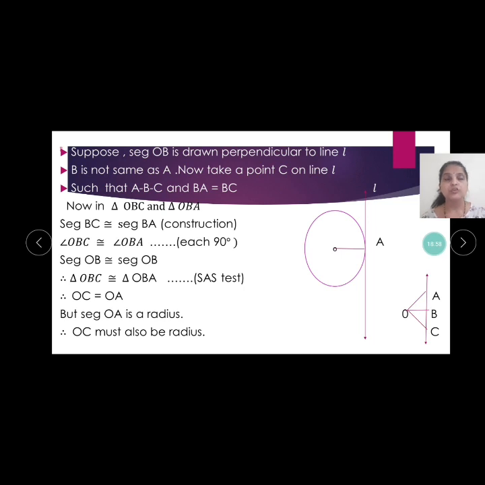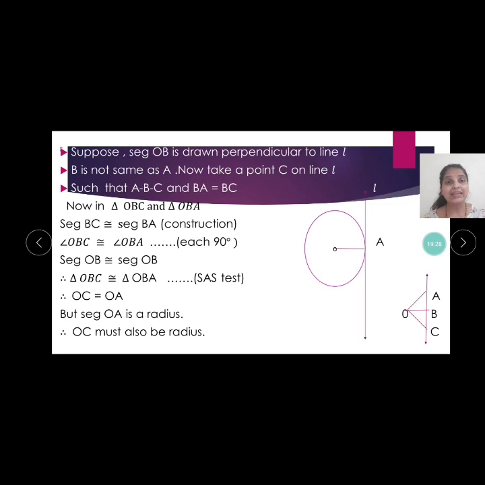So OA is equal to OC, corresponding sides of congruent triangles, right? But OA is the radius. Then OC must also be the radius, right? But A and C are lying on the line L. That means the line L is touching the circle at 2 points.